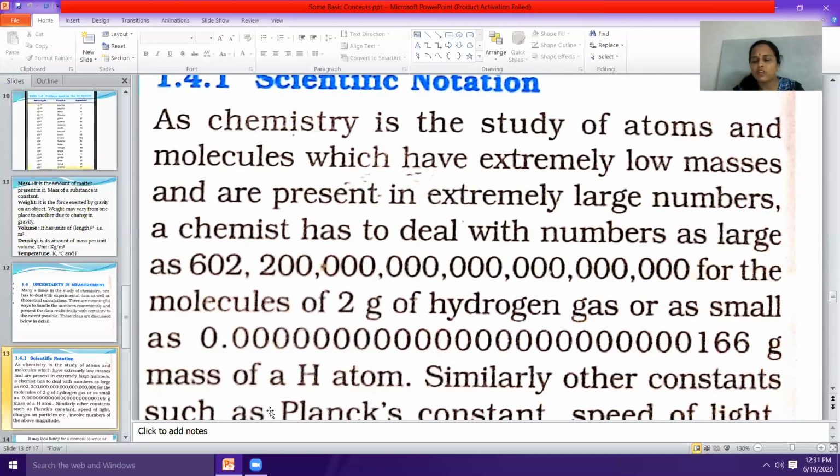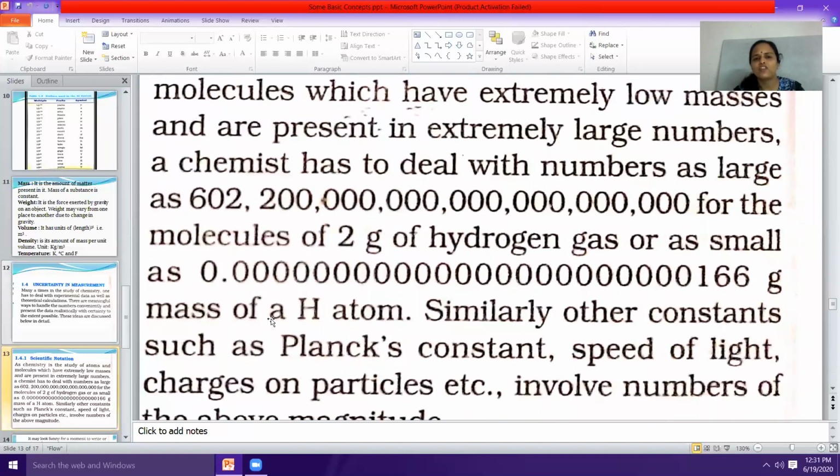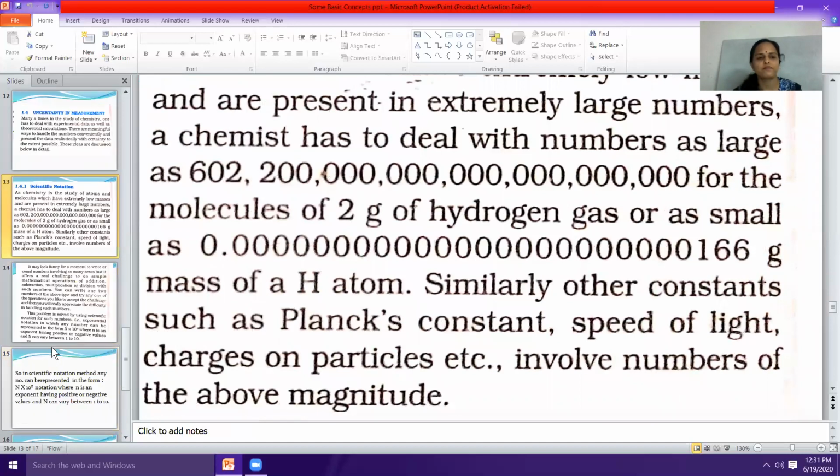So other constants like Planck's constant, speed of light, charge on particles, etc. also involve large numbers of magnitude there. So for that we have to find a solution, and the solution found out is to express it in scientific notation method there.